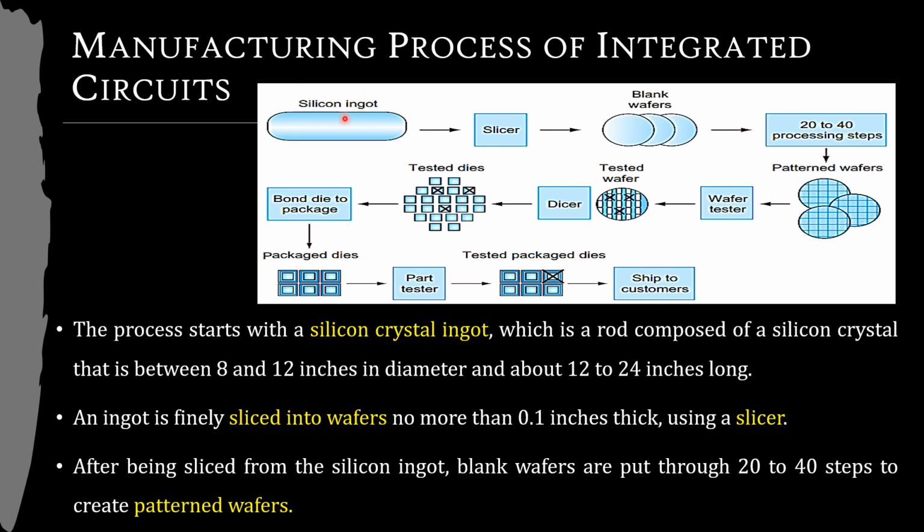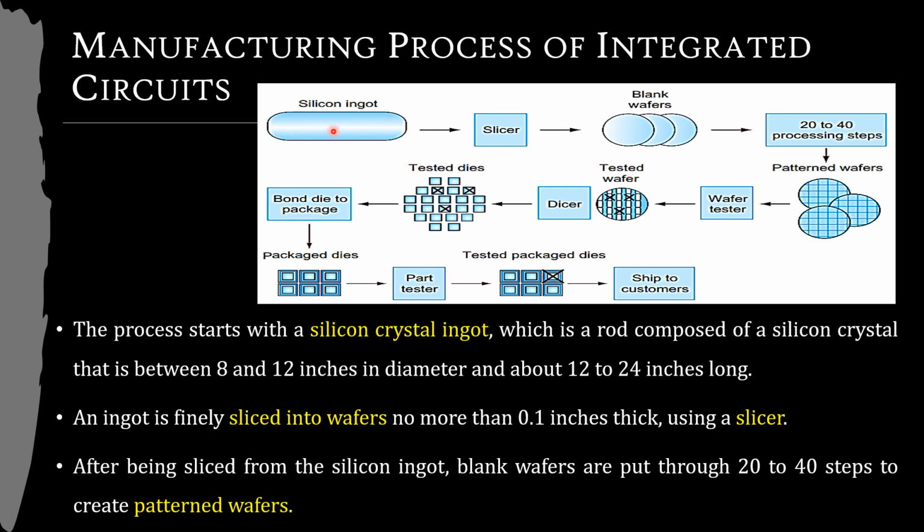The manufacturing process starts with a silicon crystal ingot, which is nothing but a rod composed of a silicon crystal between 8 to 12 inches in diameter and 12 to 24 inches long.